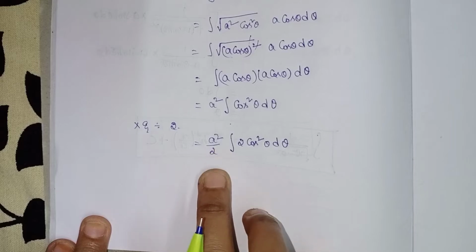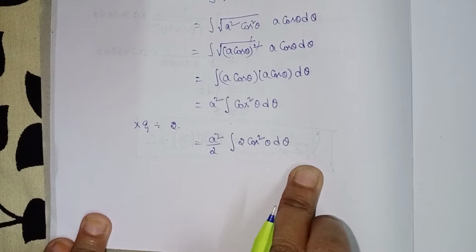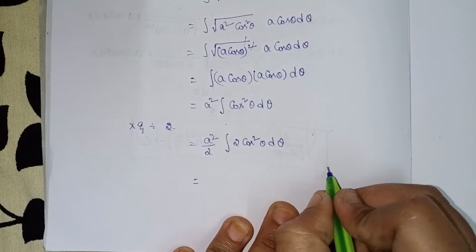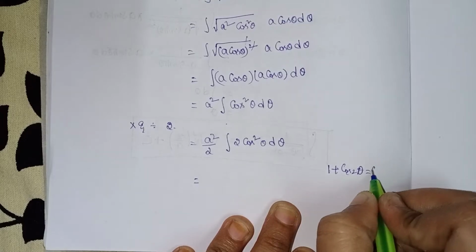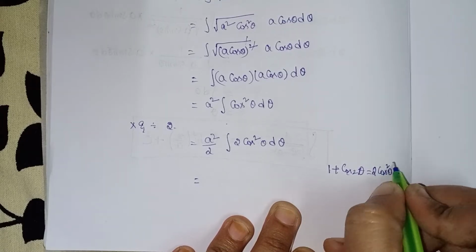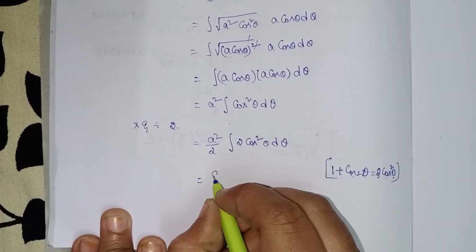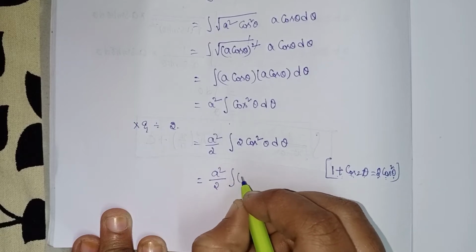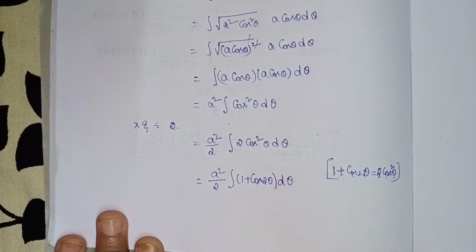Next formula: 1 plus cos 2 theta equals 2 cos square theta. So in the place of 2 cos square theta, write 1 plus cos 2 theta: a square by 2 into the integral of 1 plus cos 2 theta d theta.